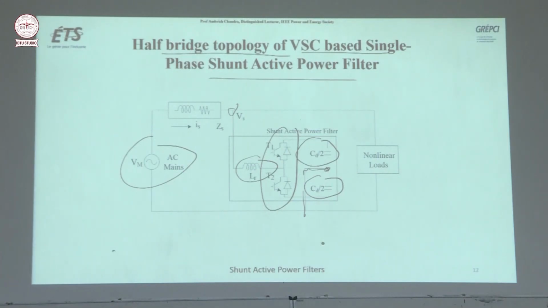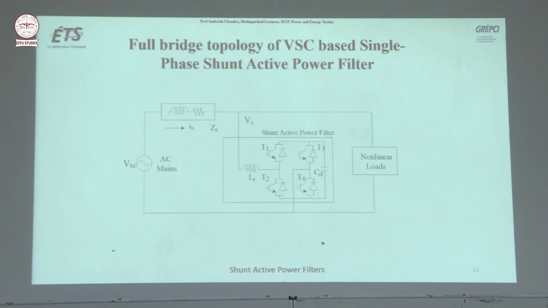Basically it saves some money, it will cost less in comparison to the full bridge topology, because in the full bridge you have another set of IGBTs here and you have one capacitor. Here you are connecting to, because this is again a single phase. So this is how you can have the full bridge topology.